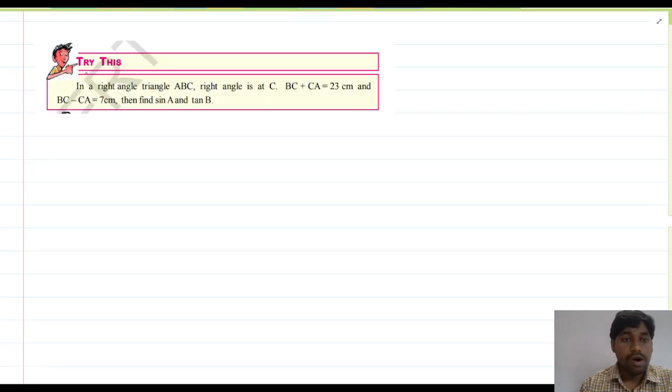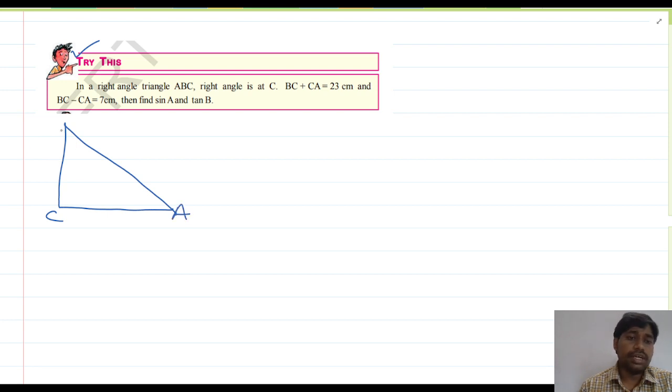Next, try this question. In a right angle triangle ABC, right angle at C. You can take this as A and this as B, as you wish.